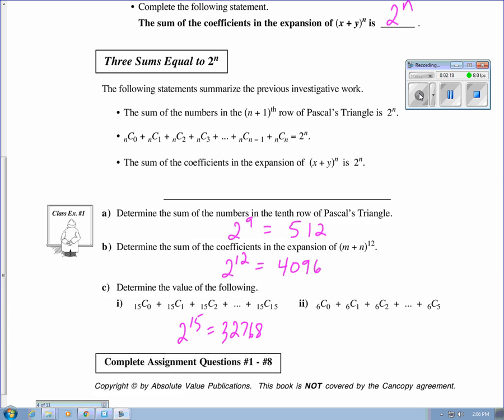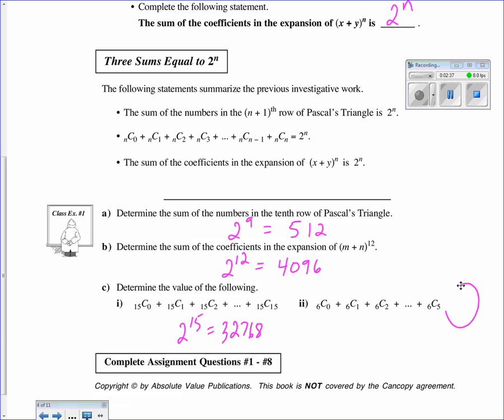But the second one is a little bit deceptive. It starts at 6 choose 0, 6 choose 1, 6 choose 2, plus dot, dot, dot, etc., up until only 6 choose 5. You'll notice that it does not include 6 choose 6. So I'm missing the last term. Well, what's that last term? That last term we know is a 1.